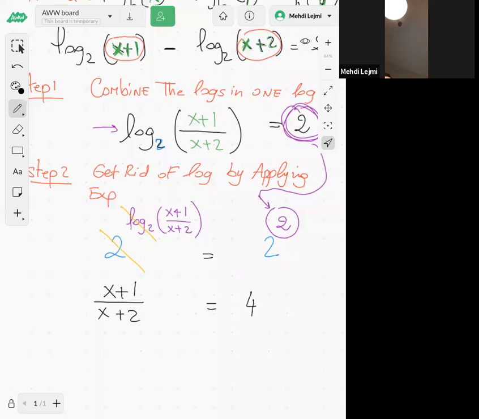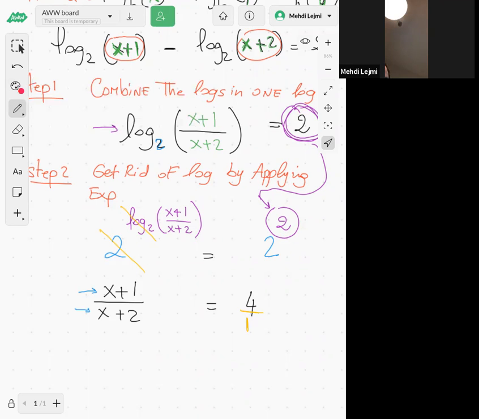Well, we did this when we tried to find the inverse of a function, right? There's an x in the top and x in the bottom here. So we need to move all the x's to the top. The way to do it would be to make this 4 look like a fraction. So just divide by 1 and then cross multiply.